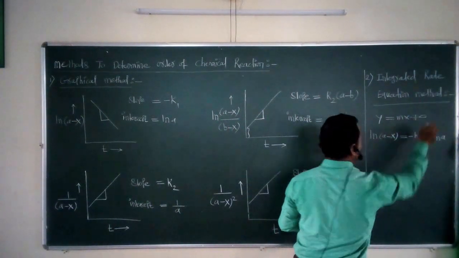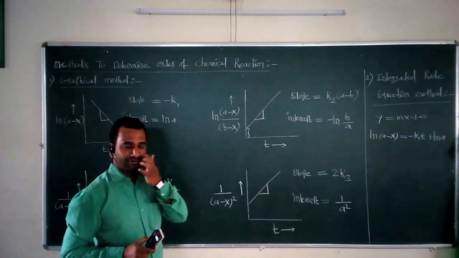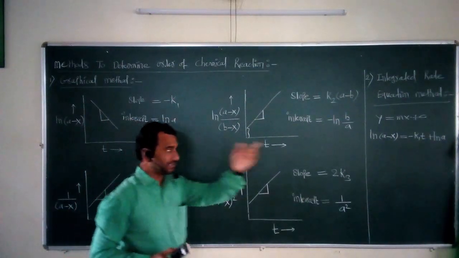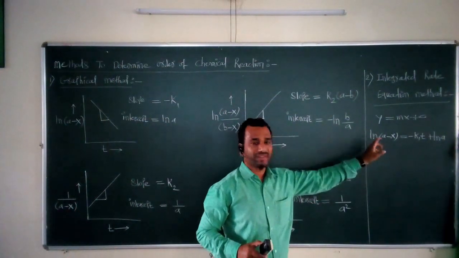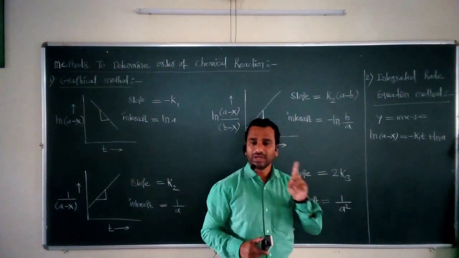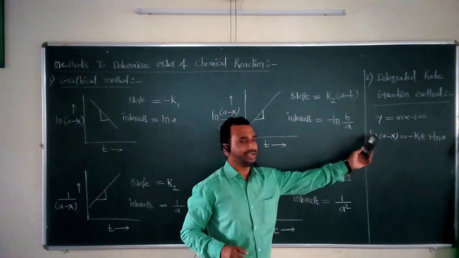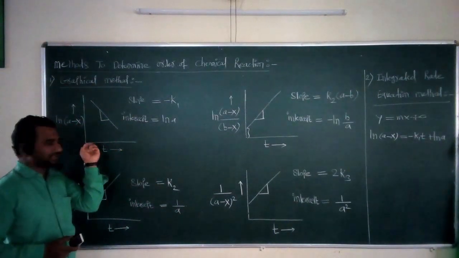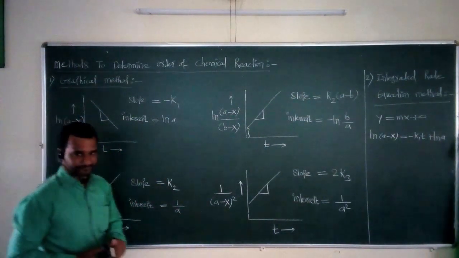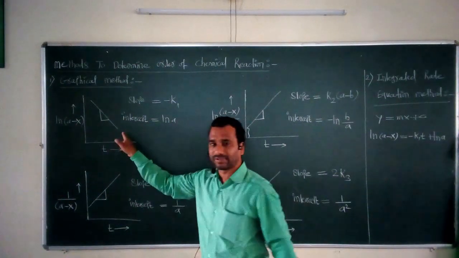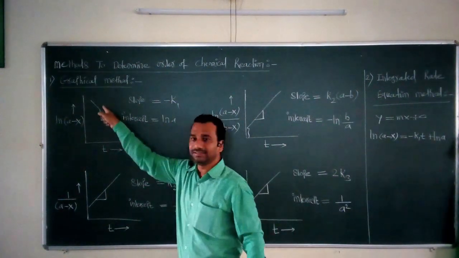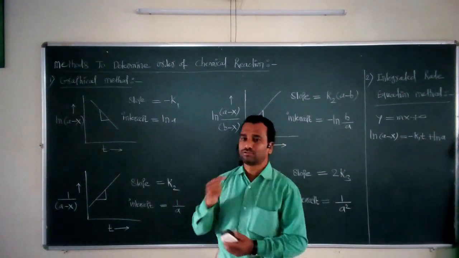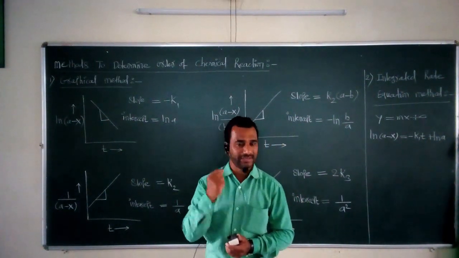This form we have to take into consideration for plotting the graph. If we plot a graph of ln(a minus x) versus time t, and a straight line is obtained, then you will get suitable values of the slope as well as the intercept.